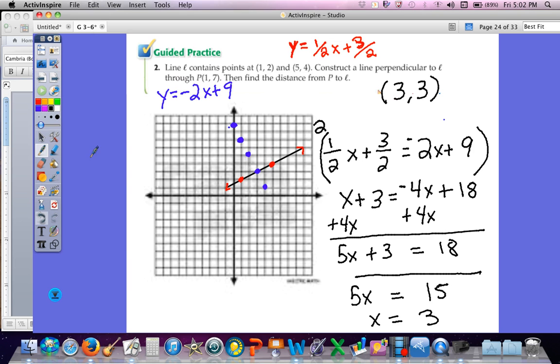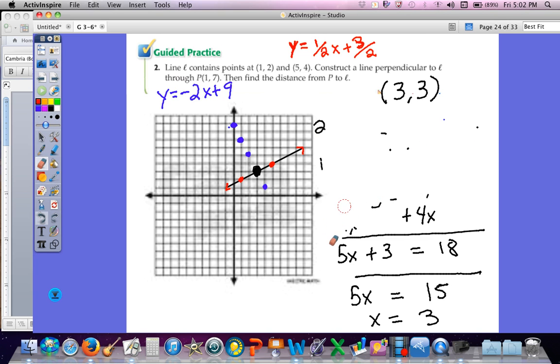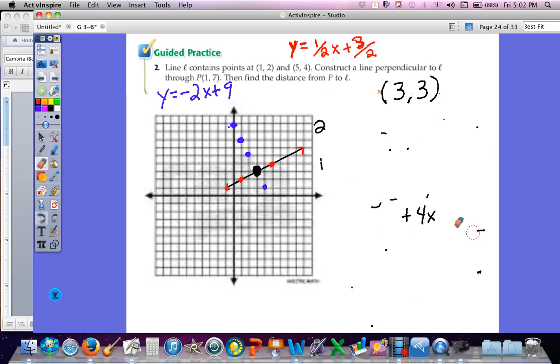So the point of intersection is 3, 3. So I'm going to erase all of this. Don't need this anymore. Okay. Get that all erased.